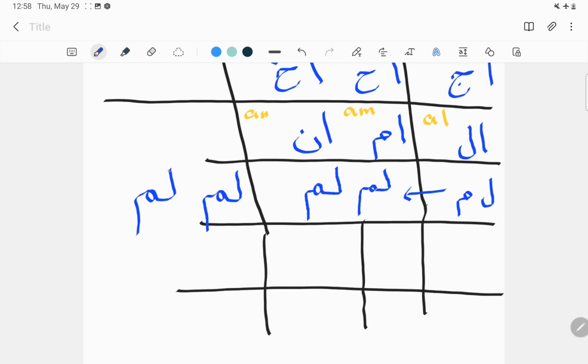Understand the concept. You have the letter lam, which is a straight line with some extension, and the letter meem, which is a circle with a leg. All right. Same thing with other letters in the alphabet.